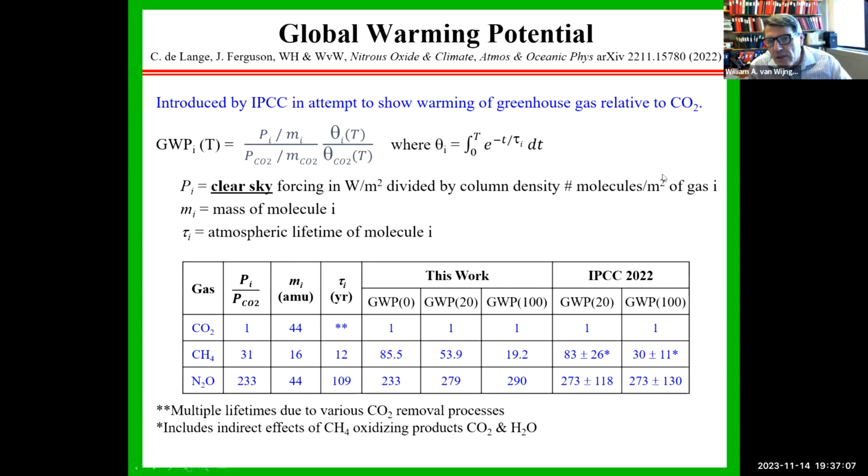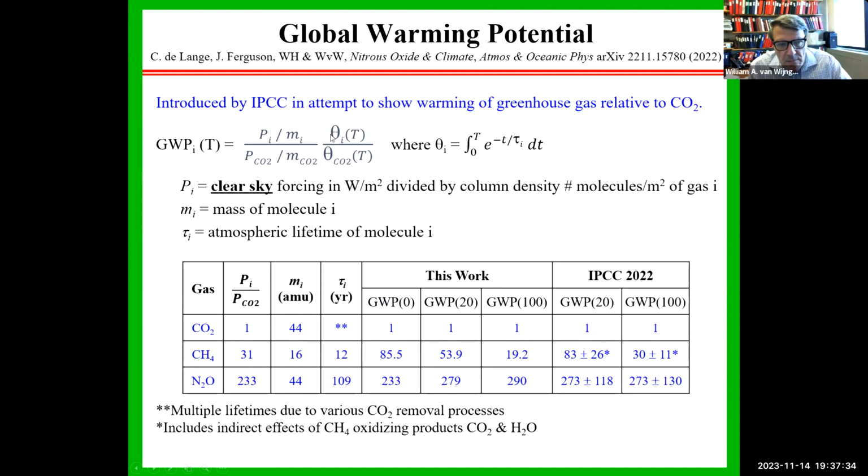The density is molecules per cubic meter, but column density is molecules per square meter. So if we divide watts per square meter by molecules per square meter, we get power per molecule, in watts. So we take the power per molecule of gas I, divide by power per molecule of CO2. We also divide by the mass of gas I and the mass of CO2.